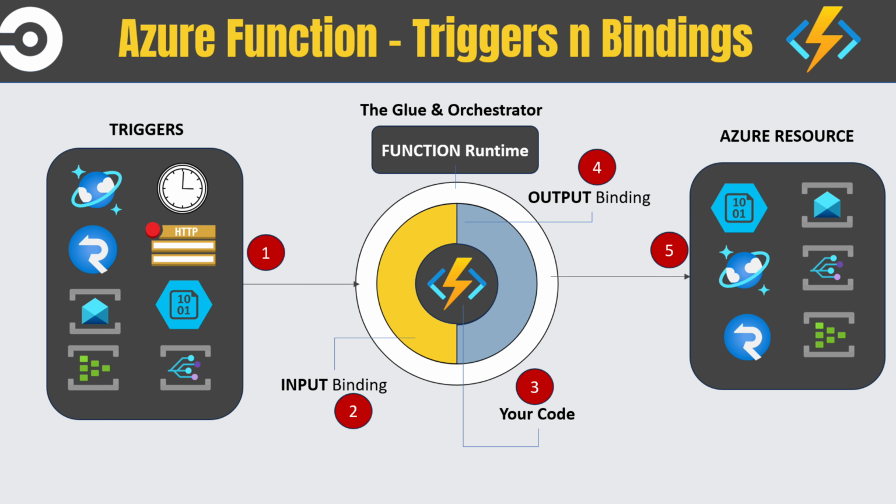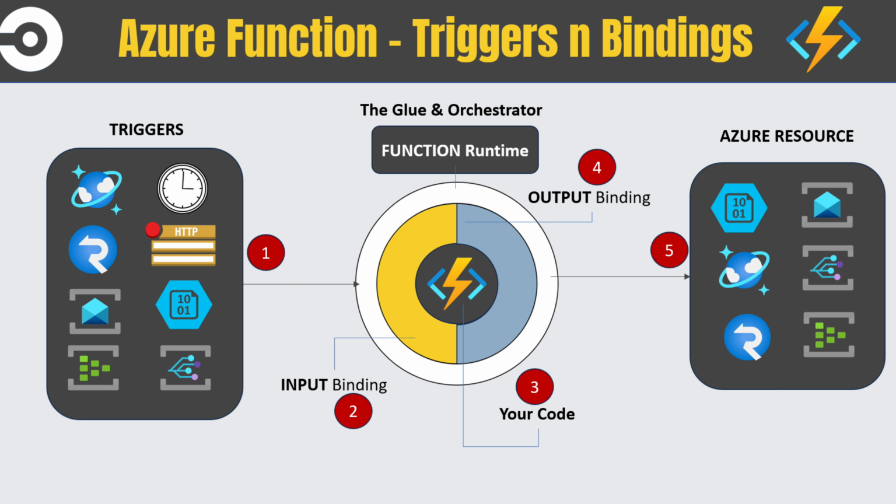And the output binding, or the destination of the data, could be any of these resources along with other resources in Azure. So it could be blob storage. After your code runs, you could write the data back to Azure blobs or any database like Cosmos or SQL. You could send it to a SignalR endpoint to publish it or broadcast to several listeners.